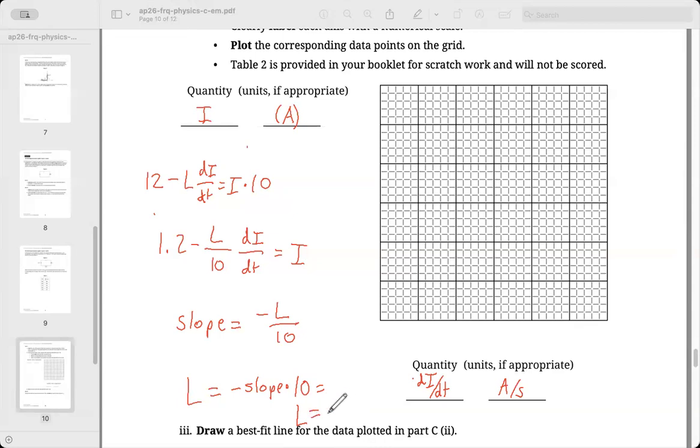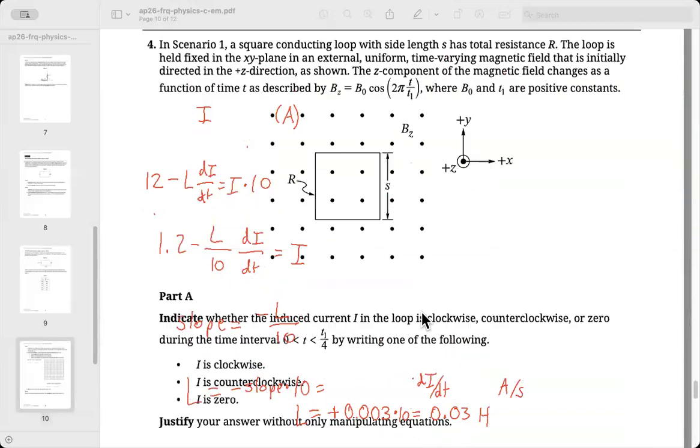My slope, according to Desmos, was negative 0.0003. The two negatives cancel, so my inductance is 0.03 Henry, which is the unit for inductance.